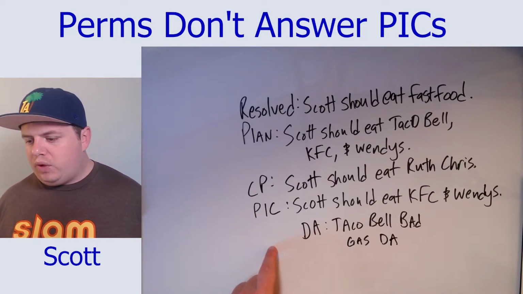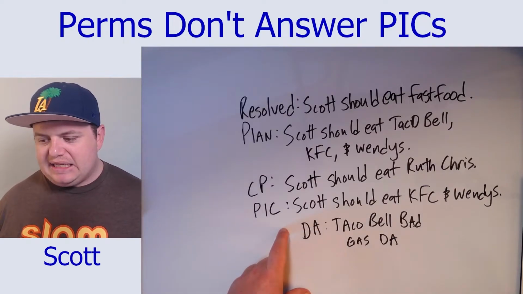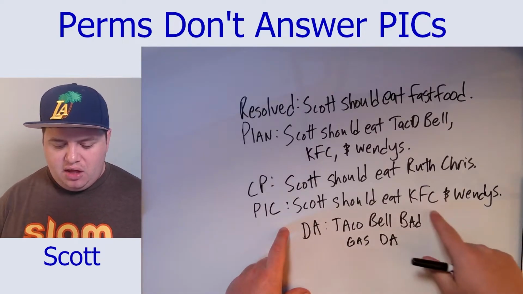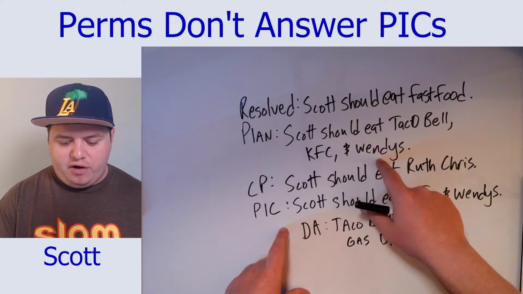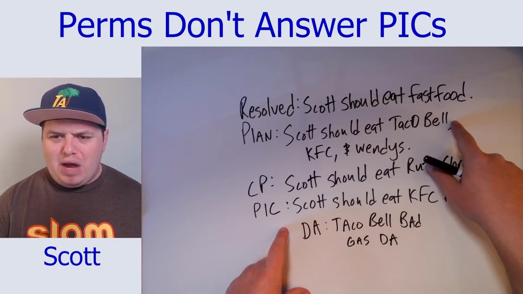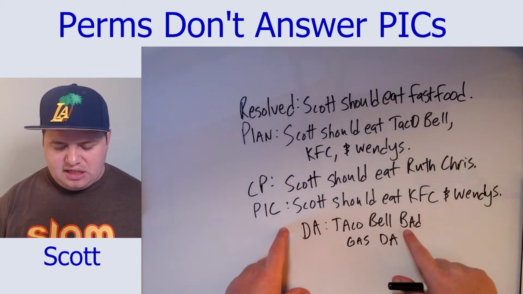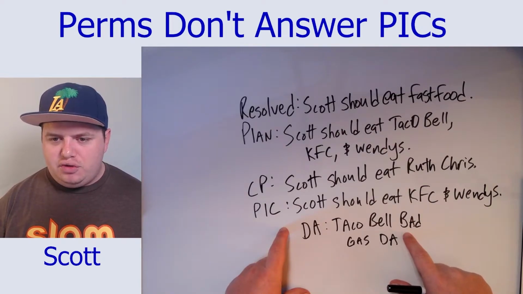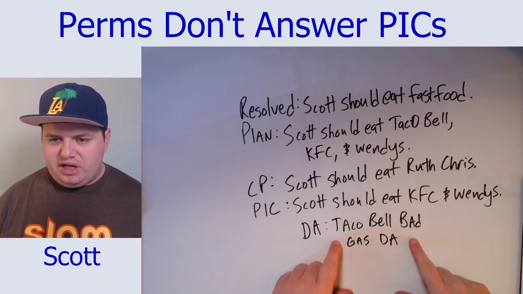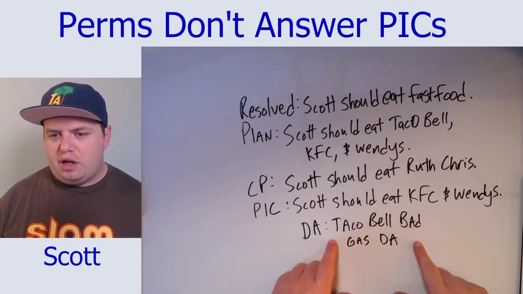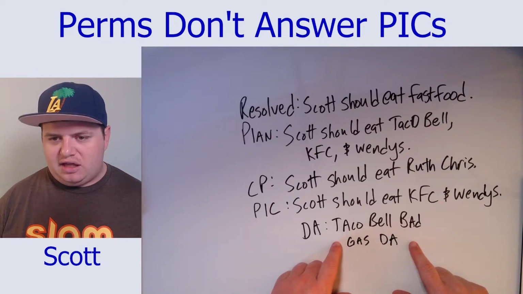So if we go back to what a PIC is and why they exist in debate and why they're strategic, they do similar things to what the affirmative does, but make a minor tweak, a minor difference between the two, and then say, hey, that thing that you defended, I'm not going to defend that, and instead, I'm going to read a disad or turn or something that makes it so that I am no longer doing that thing in the debate.